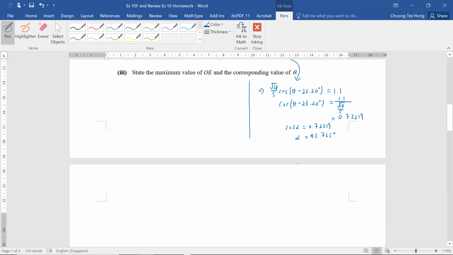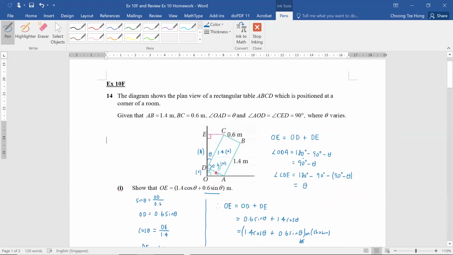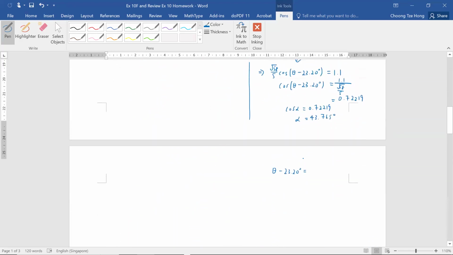But based on the diagram, we can't use the fourth quadrant answer, because it will be 300 plus. If you bring the 23.20 over to add, theta will be 300 plus, which is too big. So it should be the first quadrant answer. Bring the 23.20 over to add to 43.765, and you get 67.0 degrees, to 1 decimal place.